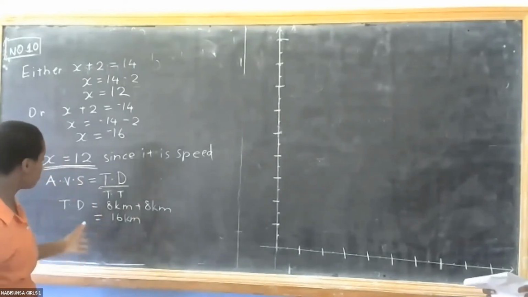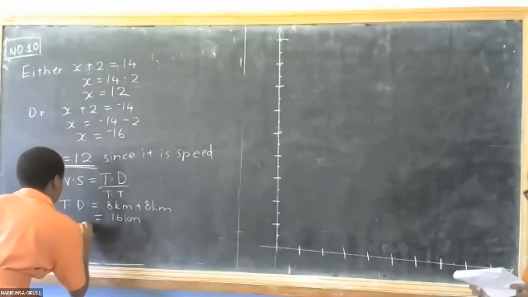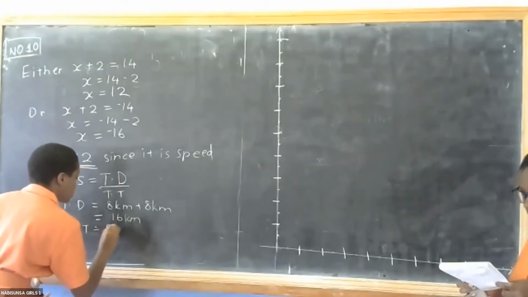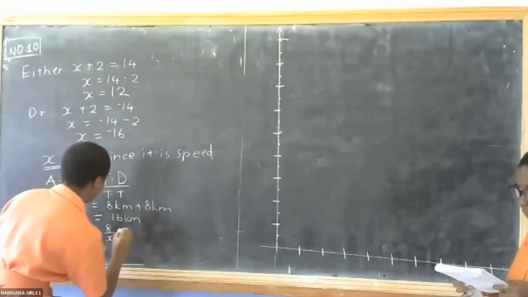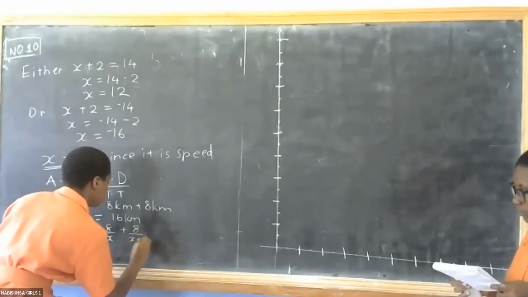To get the total time, you add uphill time plus downhill time. So total time is equal to our uphill time, which was 8 out of x, and our downhill time, which was 8 out of x plus 4.